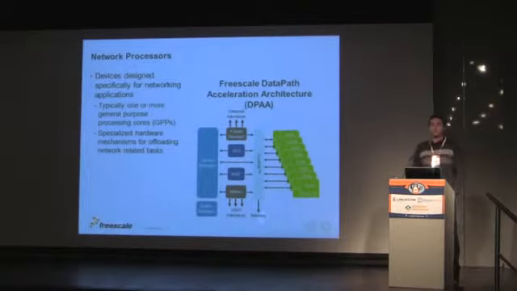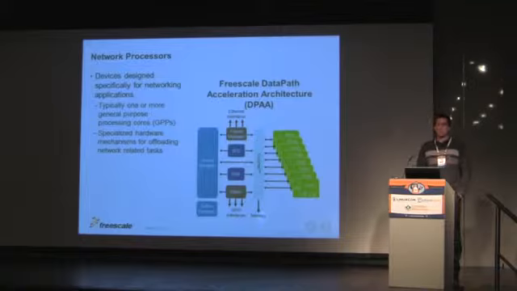So in a nutshell, a network processor is a device that has been designed to process network packets. You'll find these things in routers, in base stations, on the cell phone towers, and so forth.